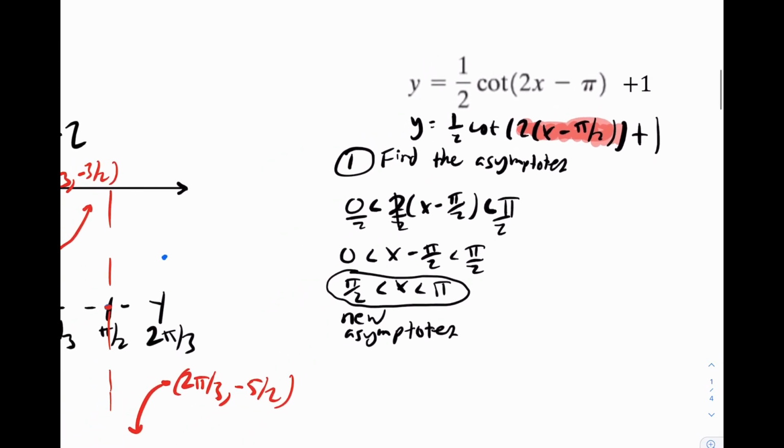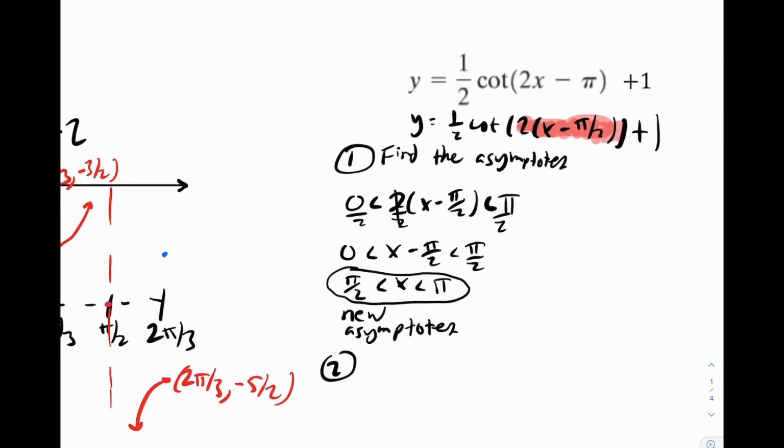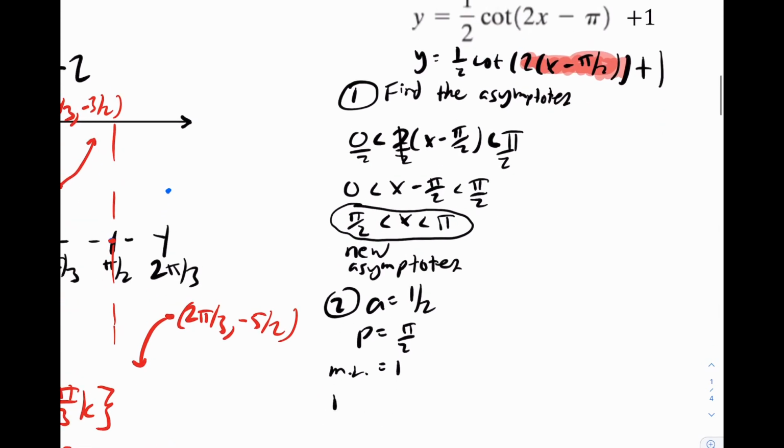And then we can write down some information here, because once you start graphing, we do need a couple facts. We can see a is a half, the period is pi over 2, the midline is 1, and there is a phase shift of pi over 2 to the right. However, this part we're going to ignore, because we already covered the phase shift right here.